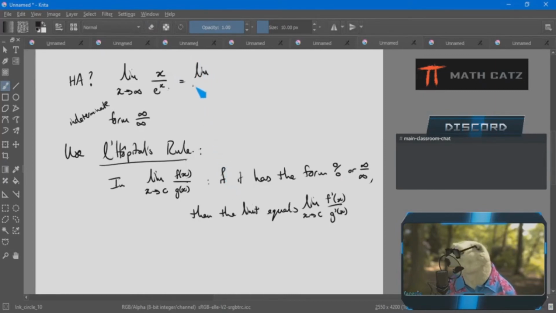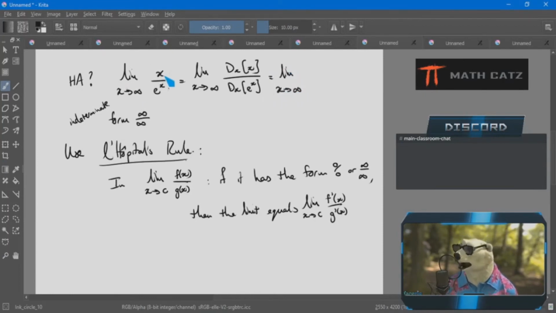And only then can I say, I'll write it out, the limit is going to be the same as the limit of the two derivatives in the same place as the original numerator and denominator. The derivative of the numerator, derivative of the denominator. This is not a quotient rule. This is nothing like that. It is completely different. Okay, but essential to be able to handle limits, especially with exponential and log functions.